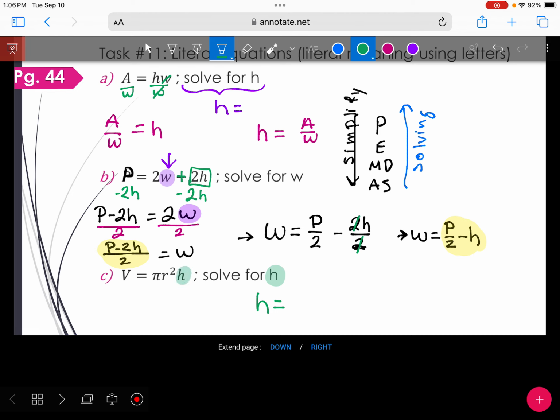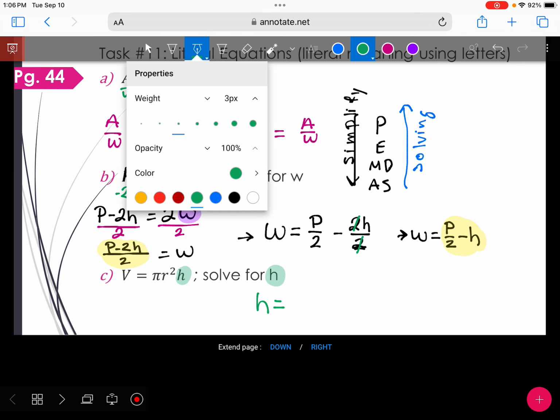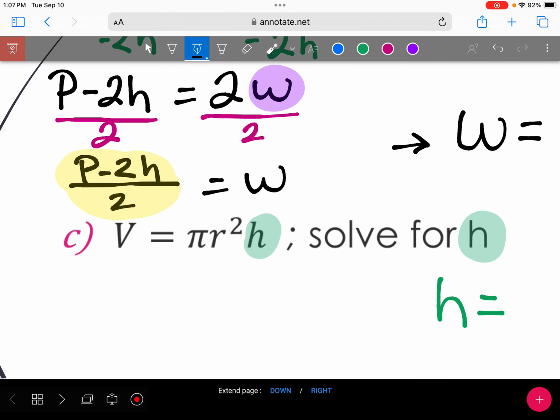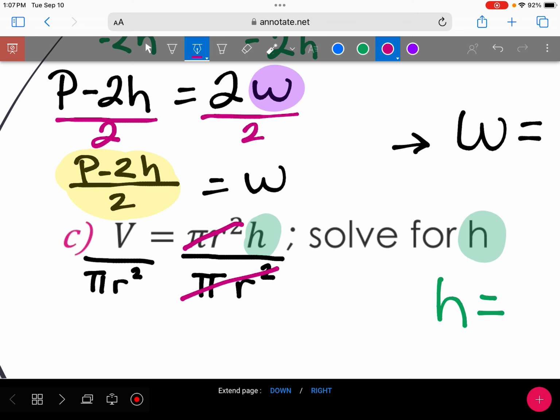We're going to need to divide because what is being multiplied against my h? Pi r squared. Pi is just a number, a gross number, but a number. And we can do this division all in one chunk. We don't have to do it in two chunks. So we're going to divide both sides by pi r squared. That means these guys and these guys are going to cancel out.